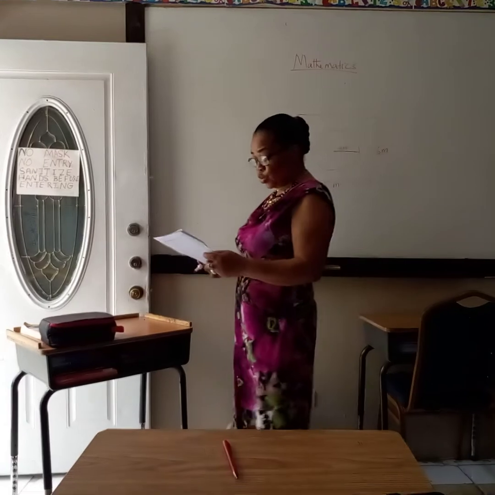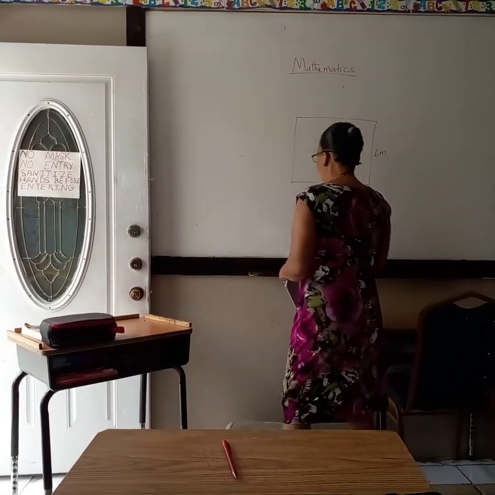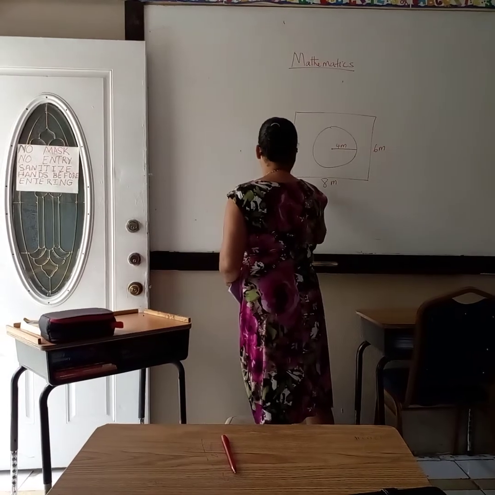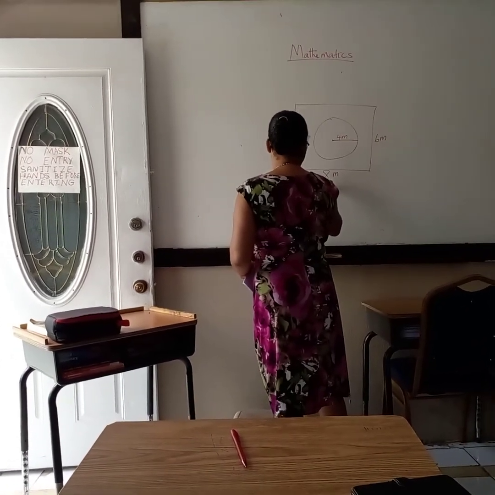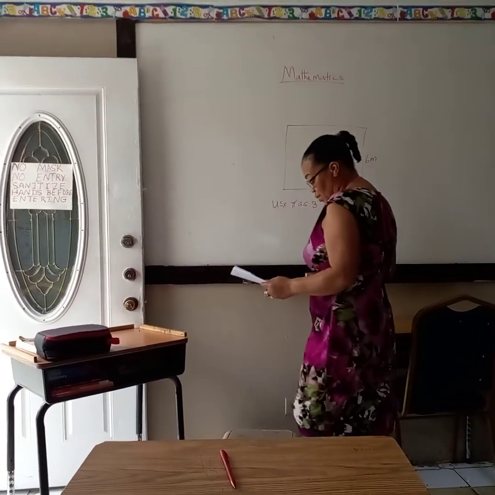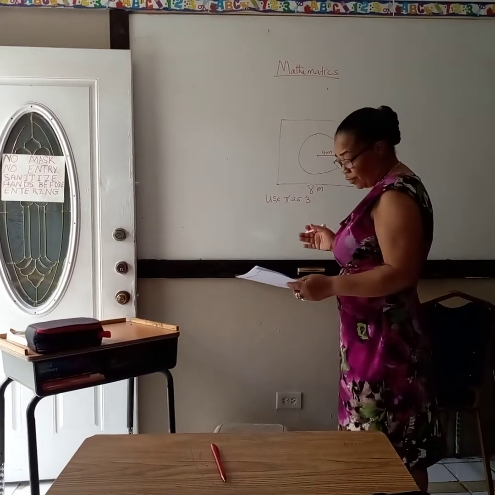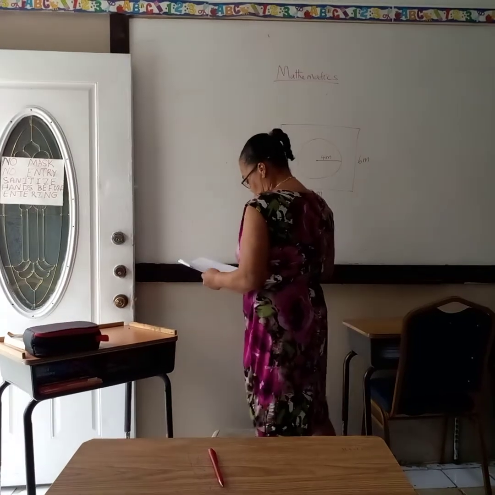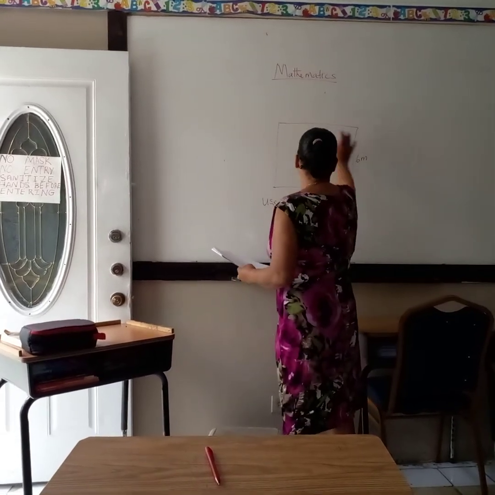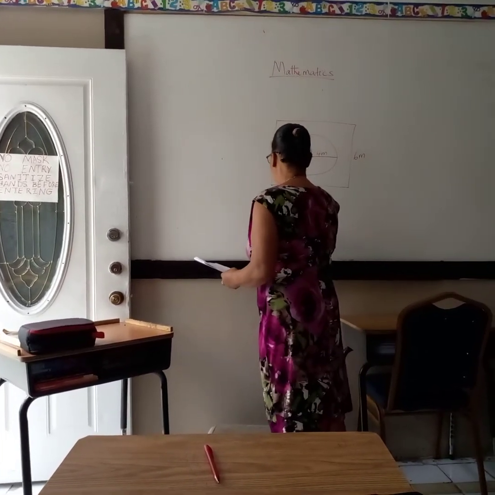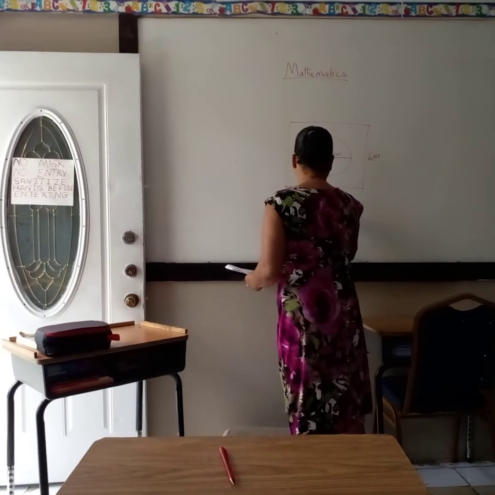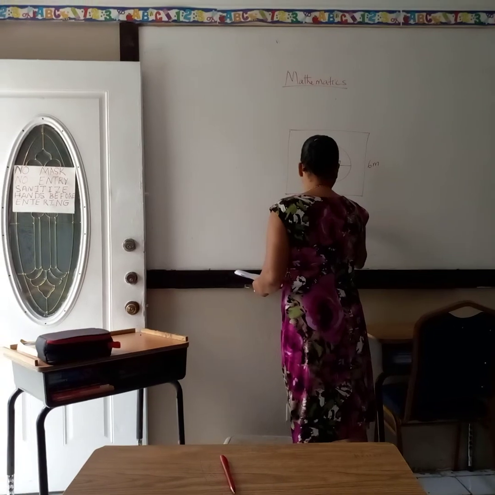They say use pi as 3, trying to make it easy for you as well. They're not giving you all the decimal calculation. You are to first of all calculate the area of the playground. The area of the ground is a rectangular piece of land.